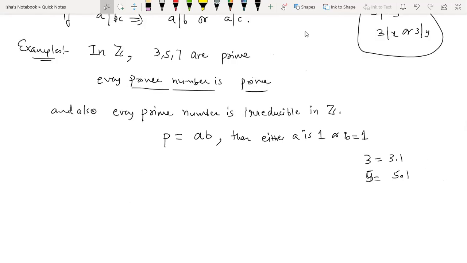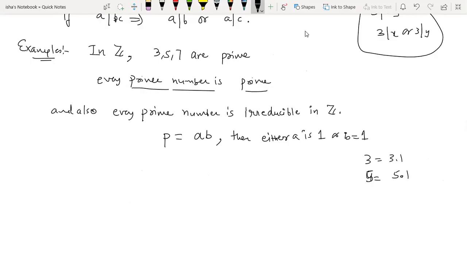So you cannot factorize the prime numbers. This is something we already know, we are just giving examples, because the ring of integers is the simplest way to understand. We got infinitely many examples of prime and irreducible elements. So in the ring of integers, every prime number is prime as well as irreducible, right?